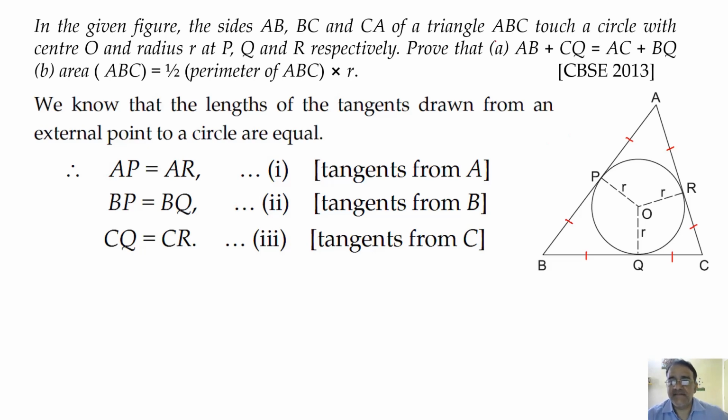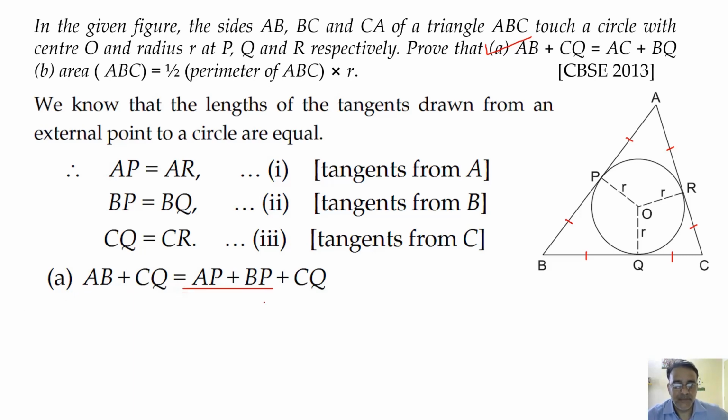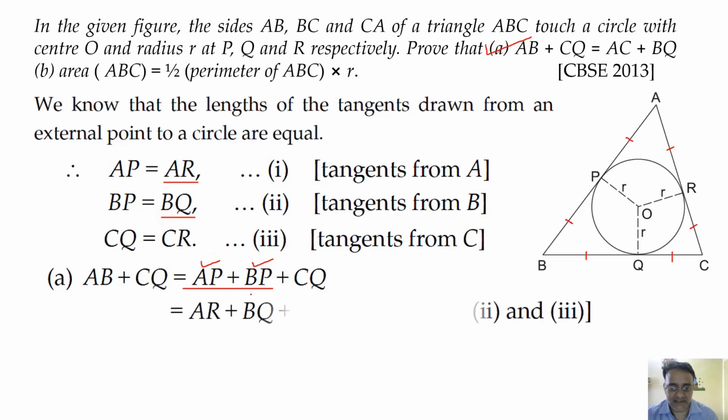Now we'll take the left hand side. We can split AB as AP plus BP. Now what can you write in place of AP? AR. And in place of BP? BQ. BQ, right. So we'll replace.